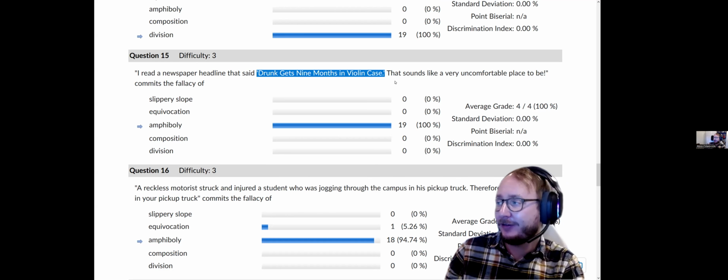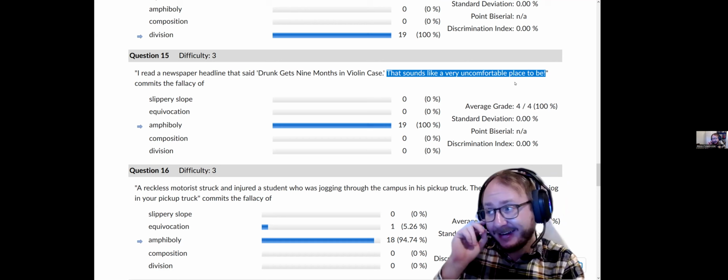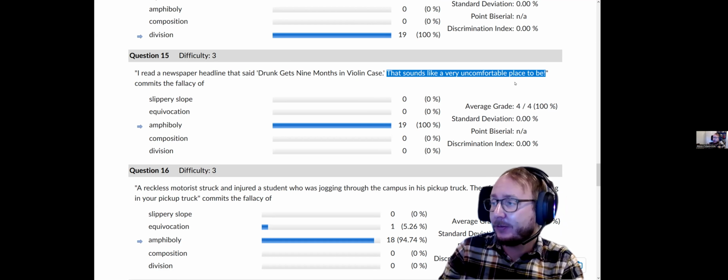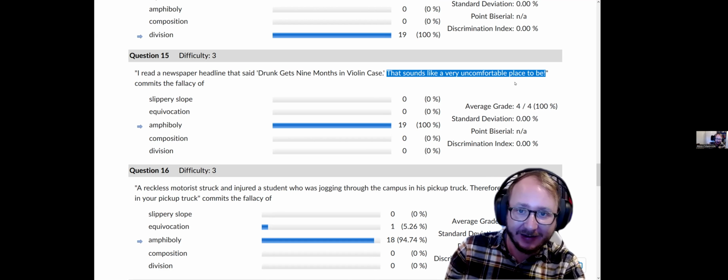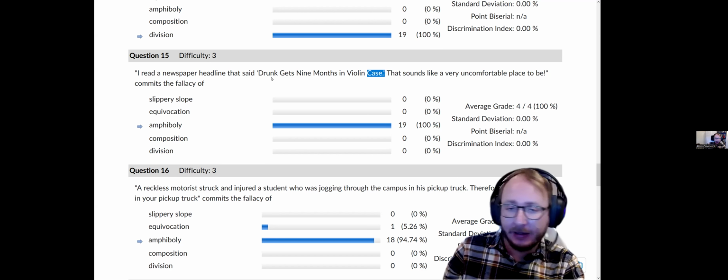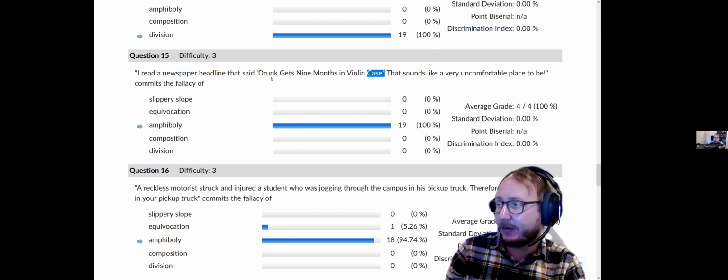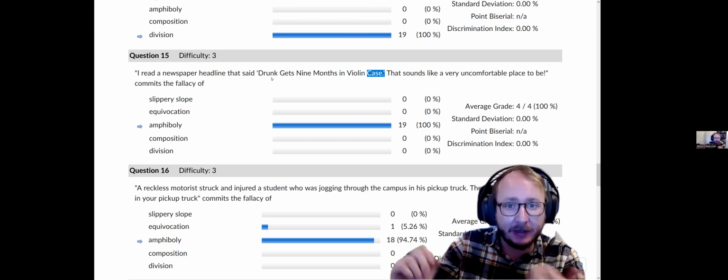But the conclusion seems to suggest a different interpretation, an unreasonable one, that the drunk person was sentenced to spend 9 months in a violin case. It's a kind of error based on ambiguity about the word case. But notice that this is not equivocation because the word case doesn't come up multiple times. It's just amenable to two different interpretations.